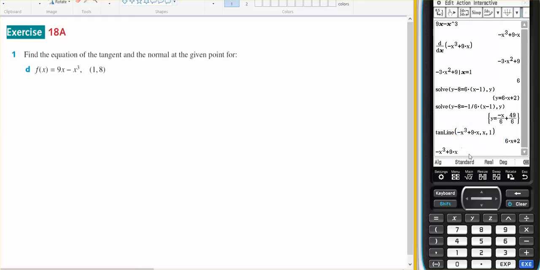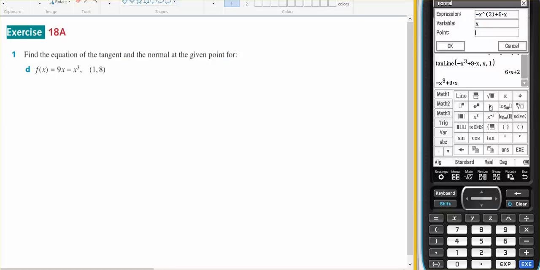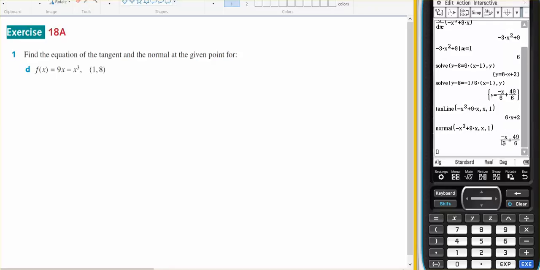And lastly, if I take my expression, interactive calculation, line, normal, and I make x equal 1, that also gives me an expression for the normal at that particular point. So they're all of my technology methods.